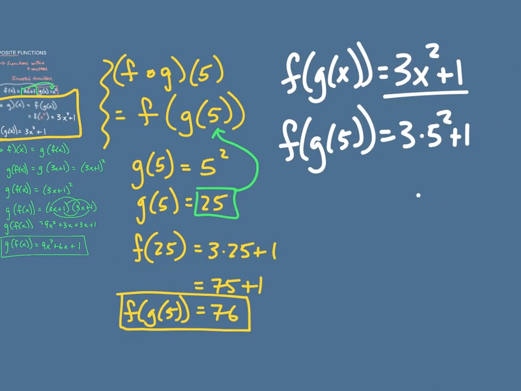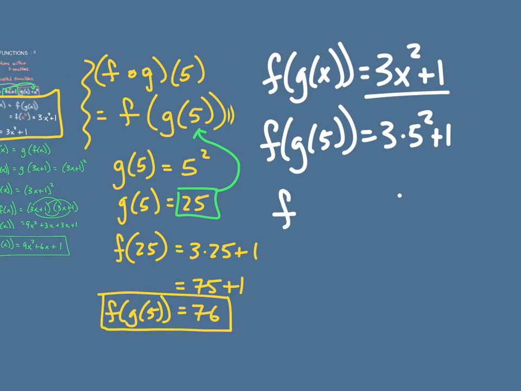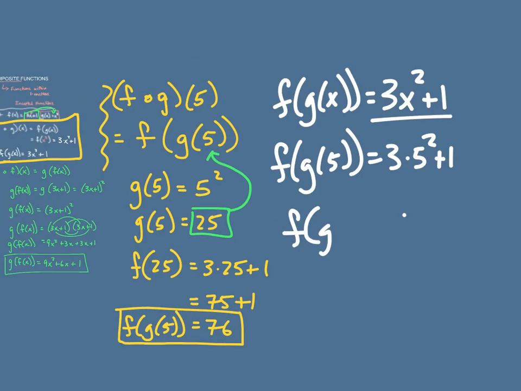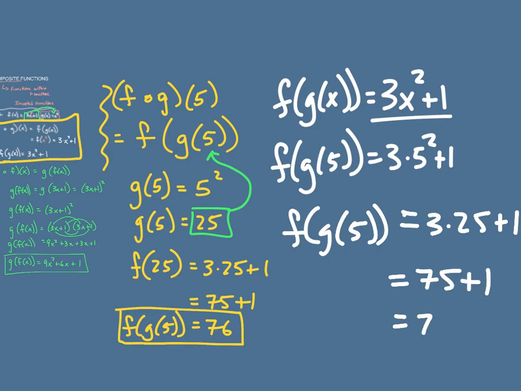Using our order of operations, f of g of 5 is equal to 3 times 25 and then plus 1. So we get 75 plus 1, which gives us 76.